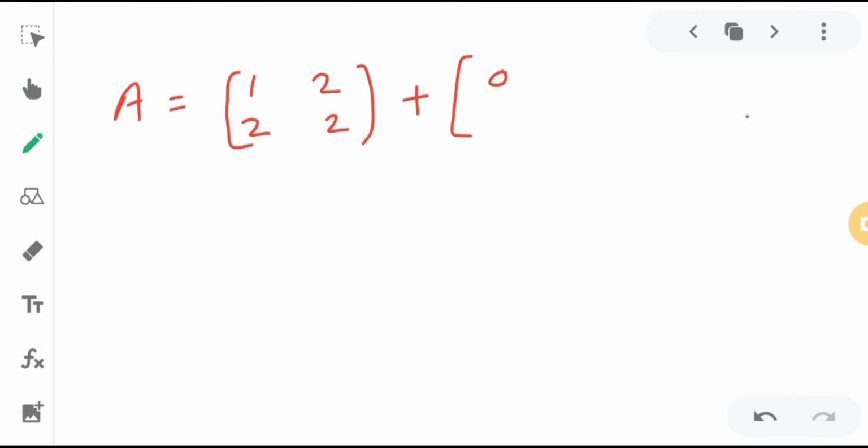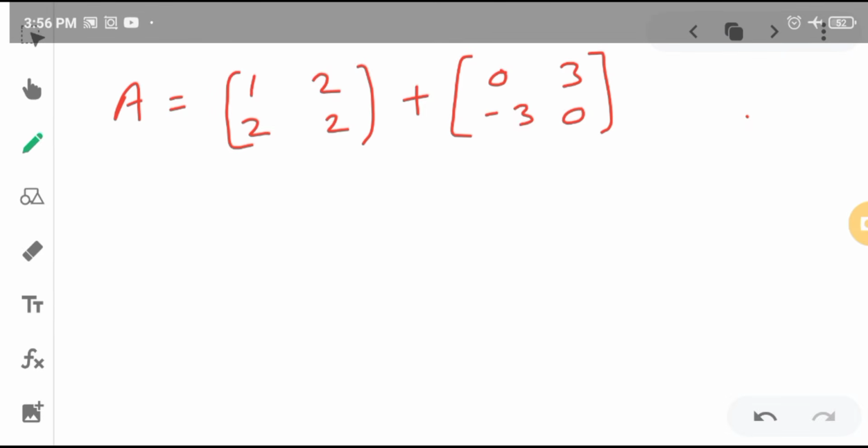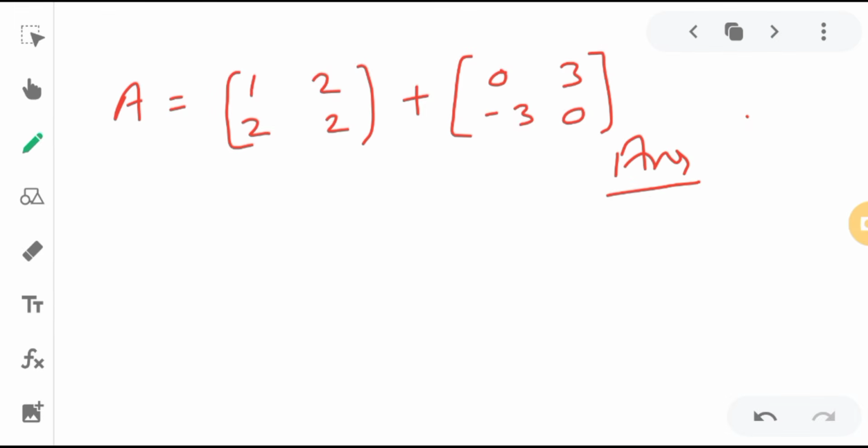So this will be our answer. I hope you understood. This will be our solution. This is nothing but symmetric, and this is nothing but skew symmetric.